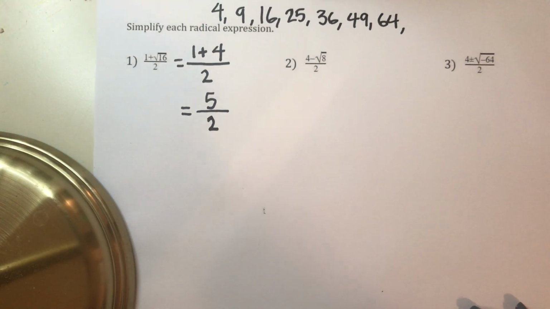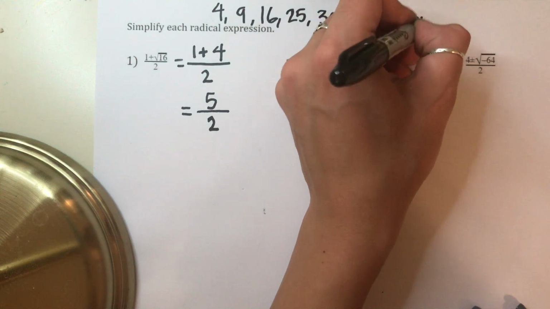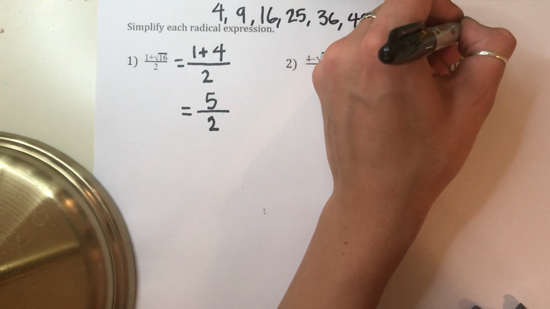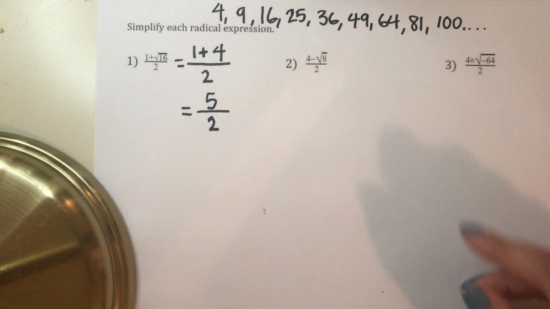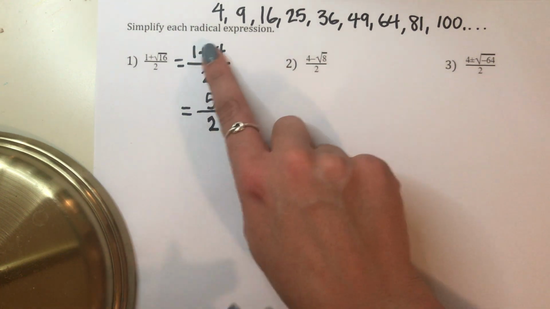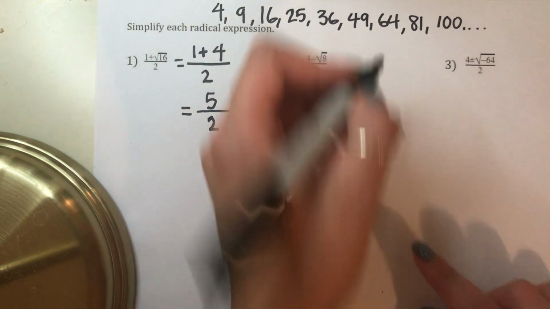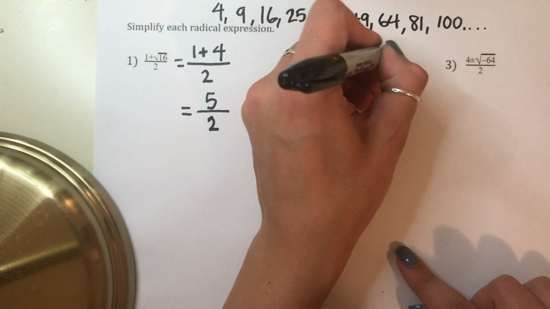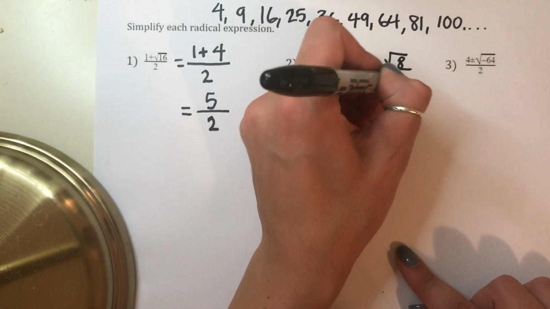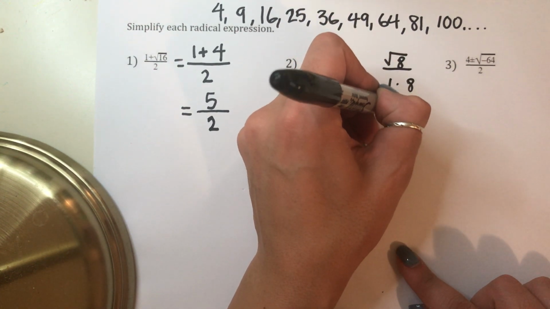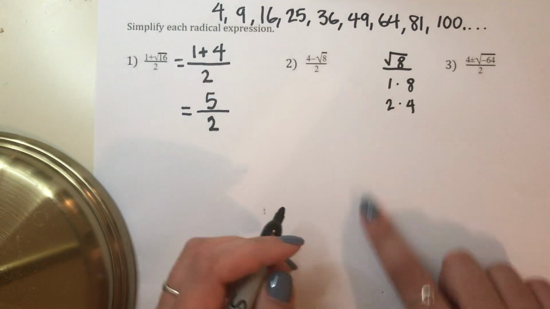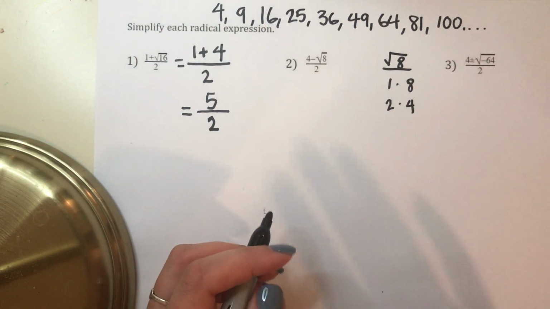And 81 and 100. Okay, so 8 is not on that list, which means that I'm going to have to go on the side here and write out the factors of 8. Luckily, there's only 2 pairs, so this should be quick.